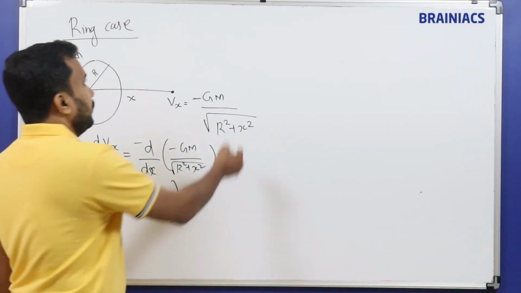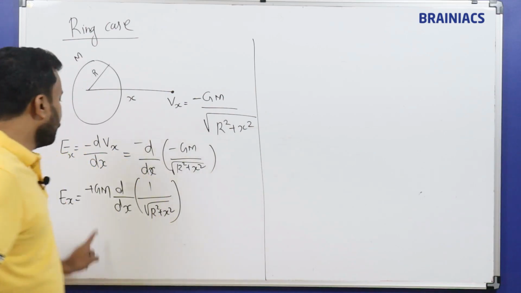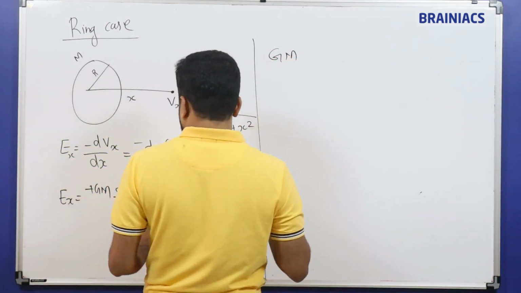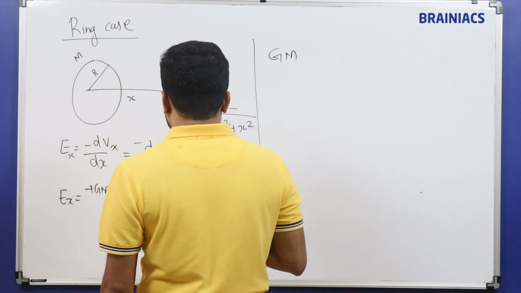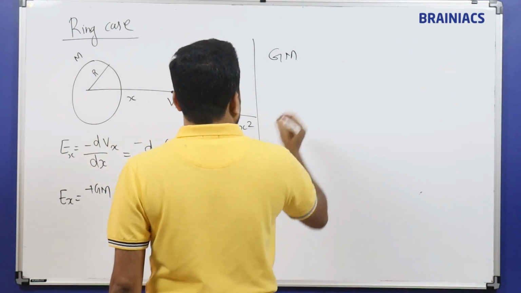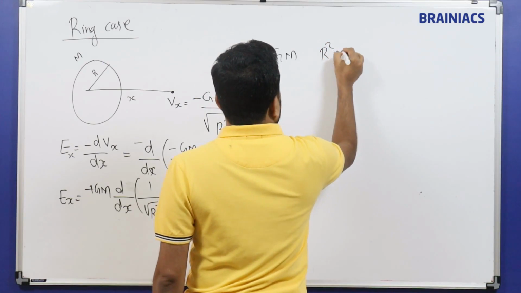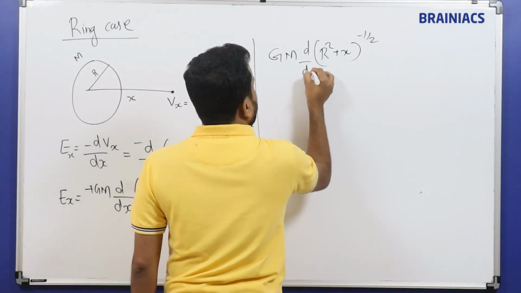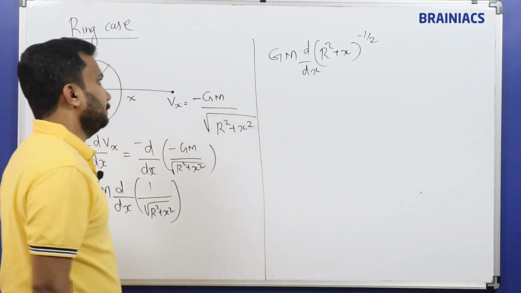So we are solving these steps. GM is constant, and GM into this I am taking to the numerator. So it could be r square plus x square whole power minus 1 by 2. We are differentiating d by dx of these terms.